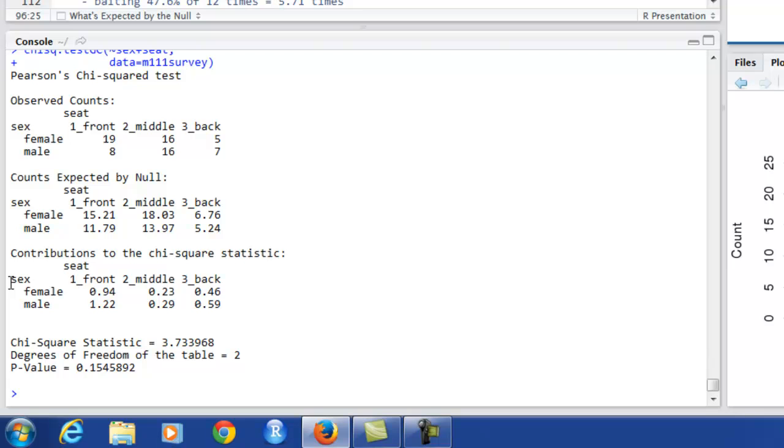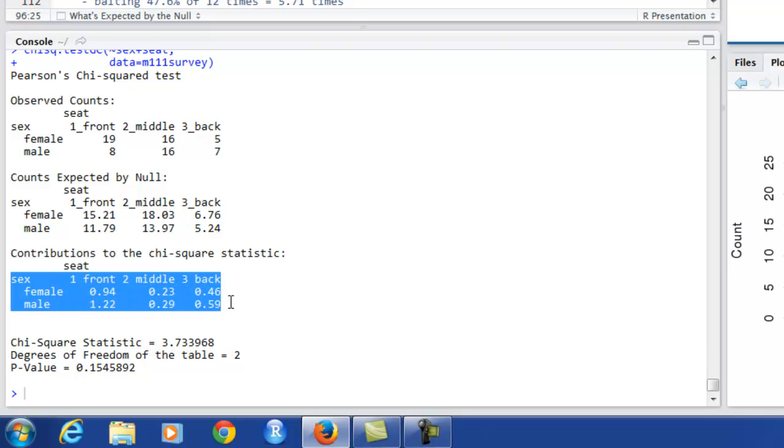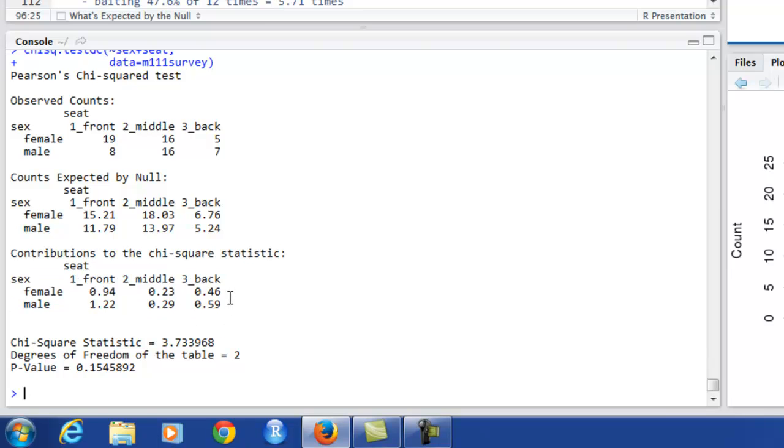The next table gives the contributions to the chi-square statistic that come from each cell. So for example, in the cell that goes with females who prefer to sit in the front, we had an observed count of 19, an expected count of 15.21.